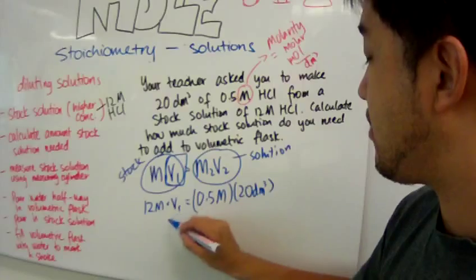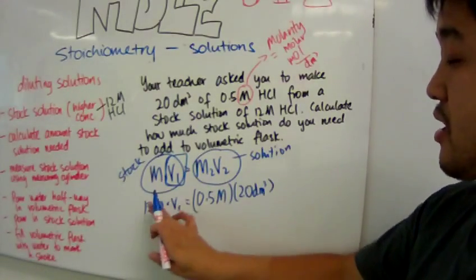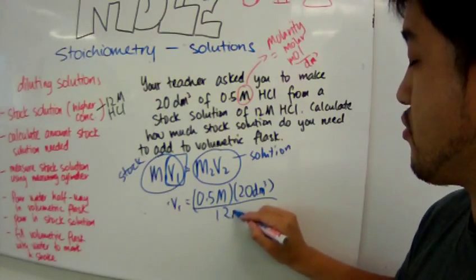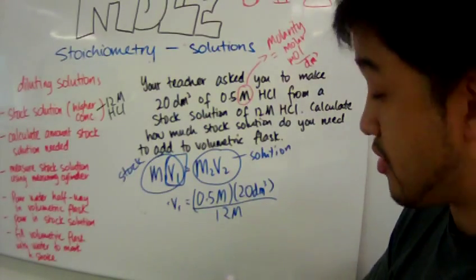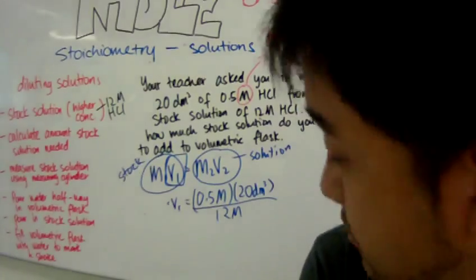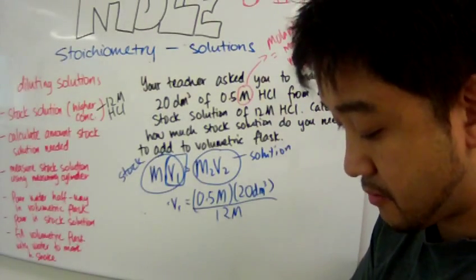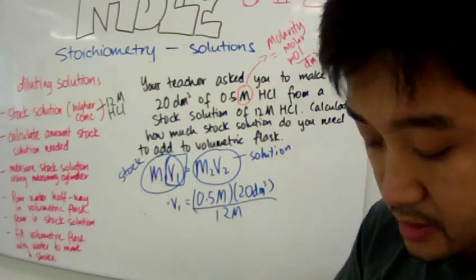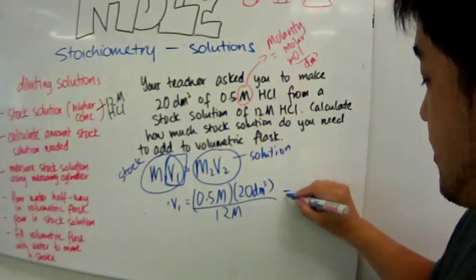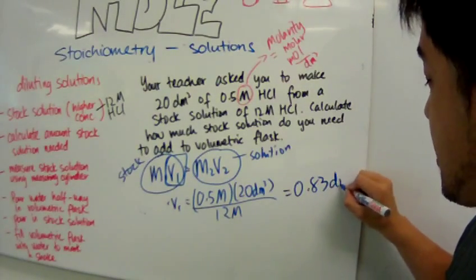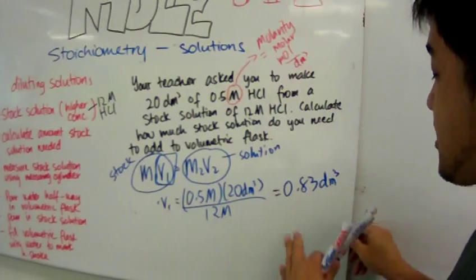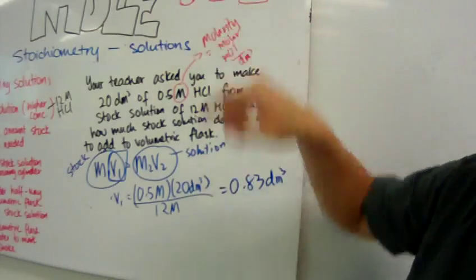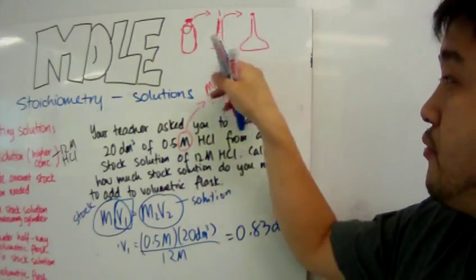So I will rearrange this by moving the 12 molar from the left side of the equation to the right side, and calculate: 10 divided by 12 gives me 0.83 cubic decimeters. This is the amount of hydrochloric acid I need to put into the measuring cylinder.